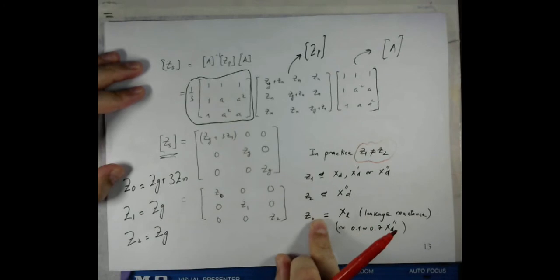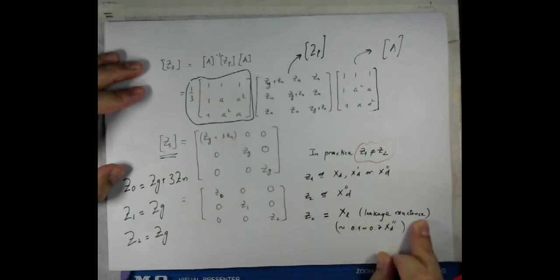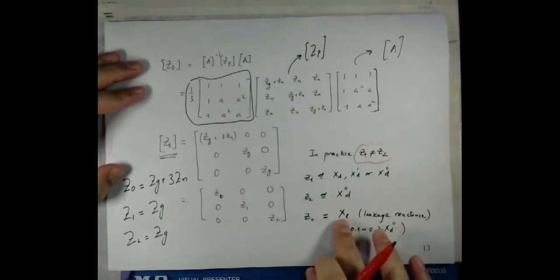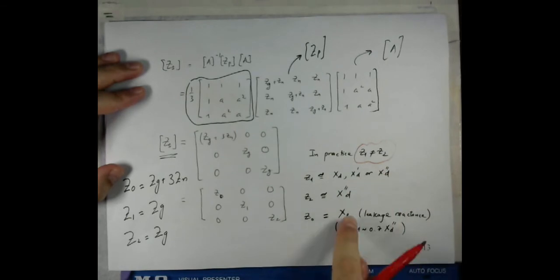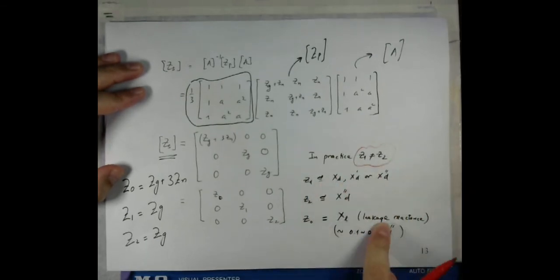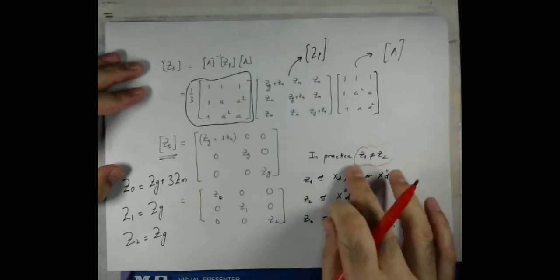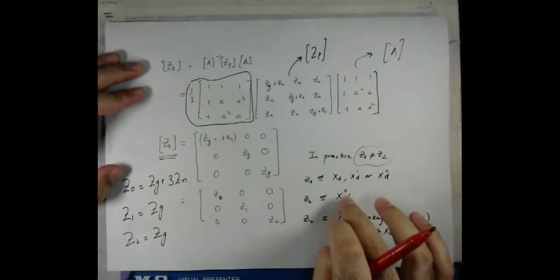However, the zero sequence impedance is taken as the leakage reactance, which could be 0.1 to 0.7 times the subtransient inductive reactance. So when I solve a problem today, we will consider the situation where in practice the three are different.